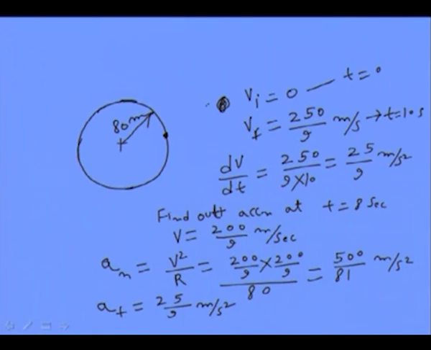Therefore, the magnitude of the acceleration A is equal to under root at square, that is 25 by 9 square plus 500 by 81 square, which after simplification comes out to be 6.77 meter per second square. Okay.